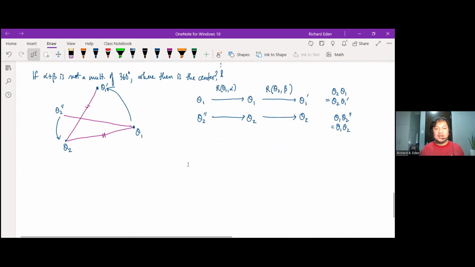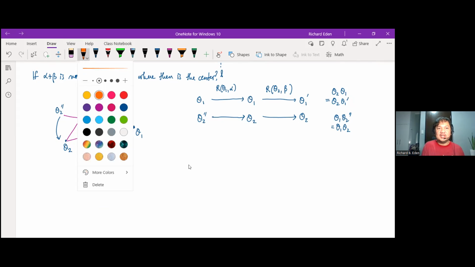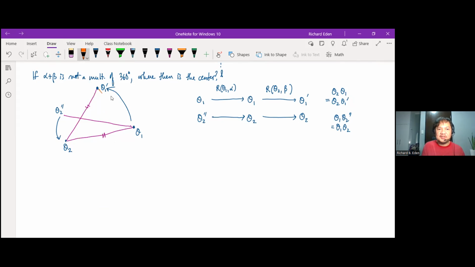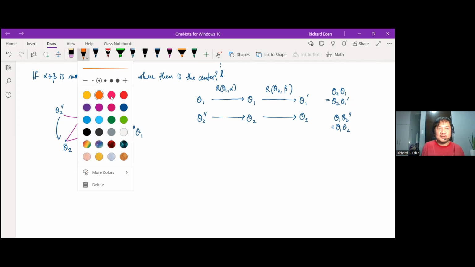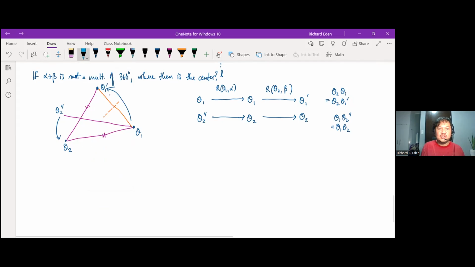Kasi dito, meron tayong dalawang pairs of a point and its image. O1, O1 prime. So they are connected by the reflection. Therefore, the center must be in the perpendicular bisector of this orange segment. And then O2 double prime, ang image niya is O2.